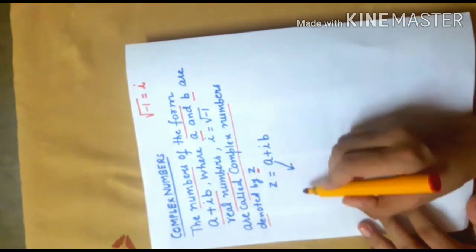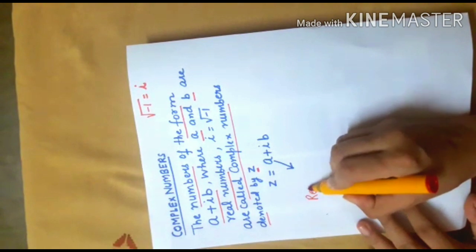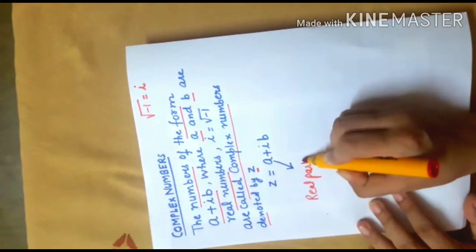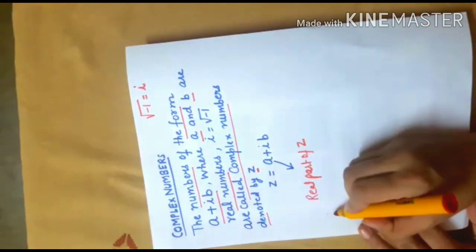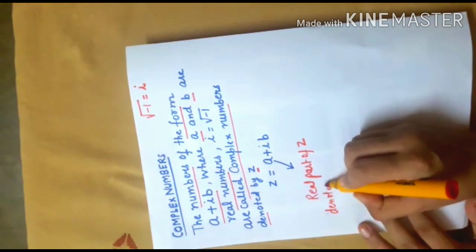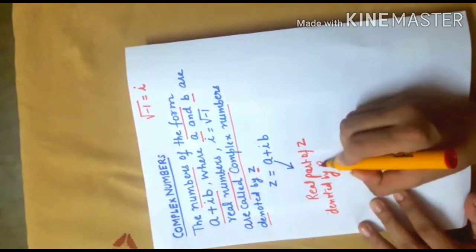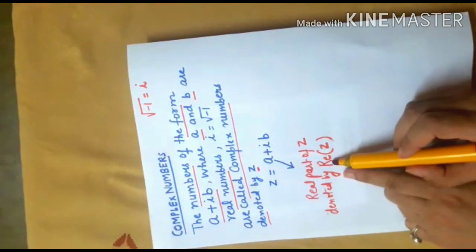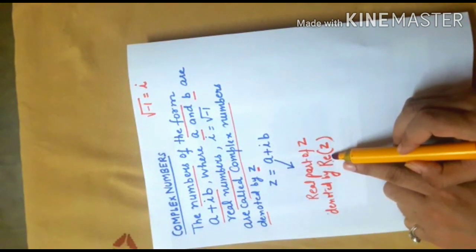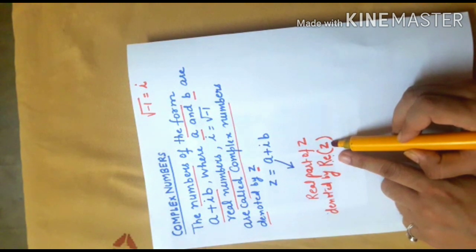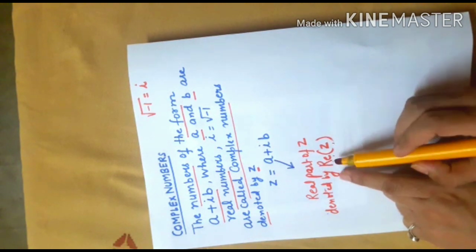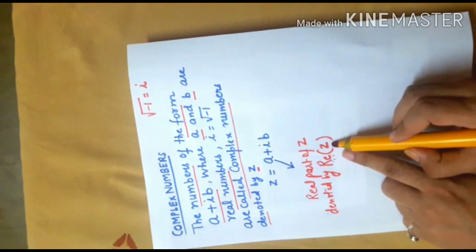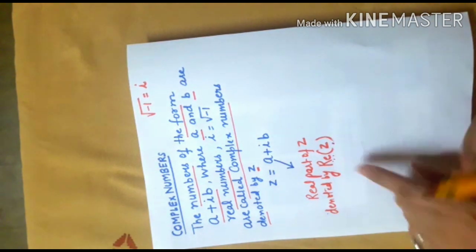So here a is called the real part of z, denoted by this. Yes, we read this as RE stands for real and Z is the complex number. So I read this as real part of the complex number Z, right?